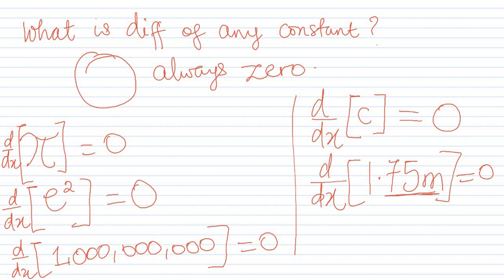If we're differentiating with respect to m, then m is going to be a variable. But in this case, we're differentiating 1.75 m with respect to x. So 1.75 m altogether is a constant. 1.75 is a constant, m is a constant. And when you differentiate with respect to x, you're going to get 0.